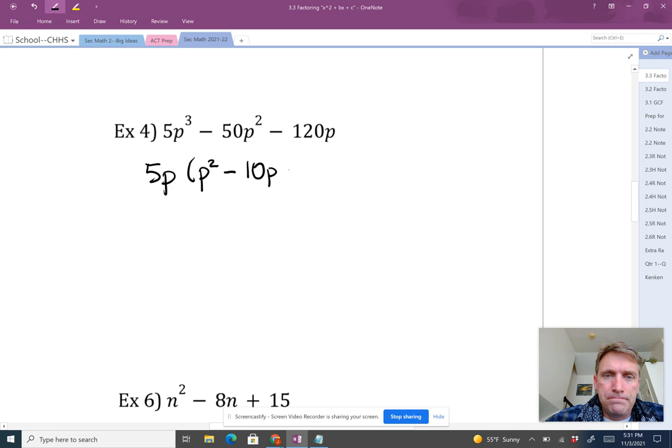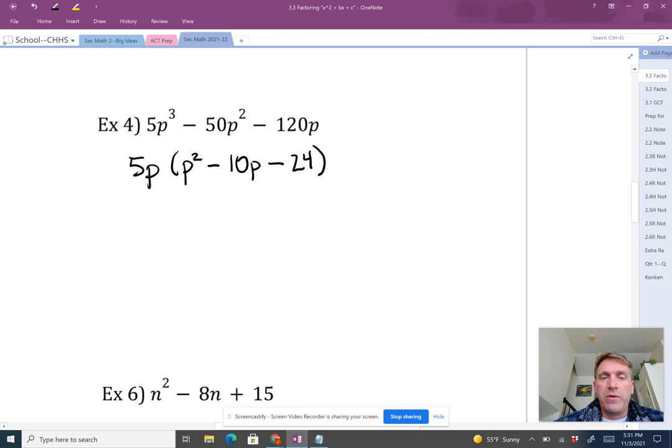And then minus 5 goes into 120, 24 times. And so I get p squared minus 10p minus 24 is what's left on the inside.